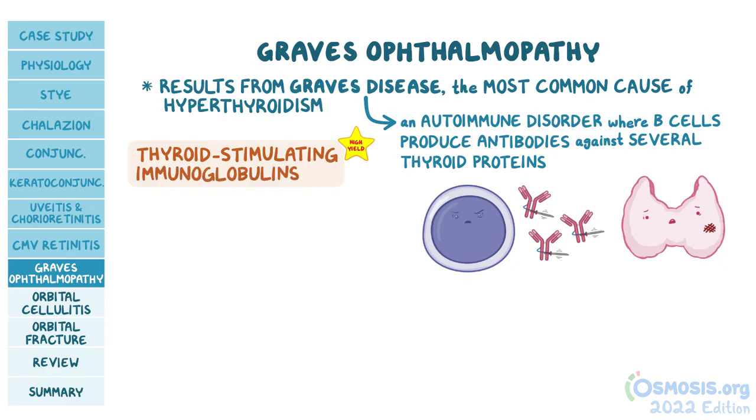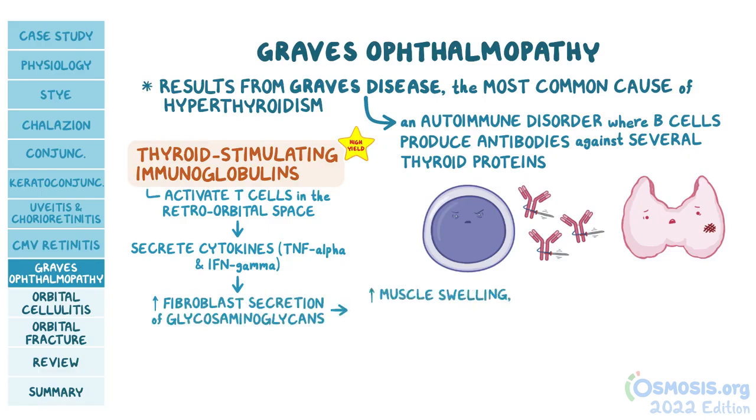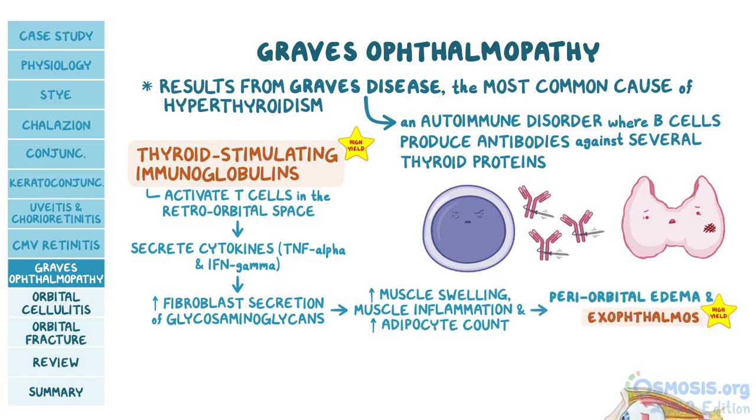These autoantibodies can activate the T cells in the retroorbital space, causing them to secrete cytokines like TNF alpha and INF gamma, which increase fibroblast secretion of glycosaminoglycans, which ultimately increase muscle swelling, muscle inflammation, and increase the adipocyte count, leading to periorbital edema and exophthalmos, which is an anterior bulging of the eyes.